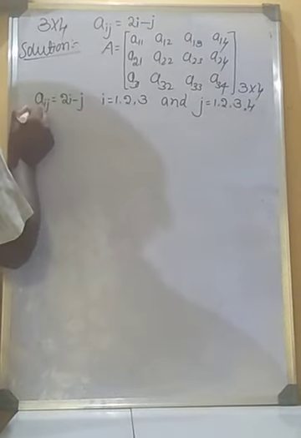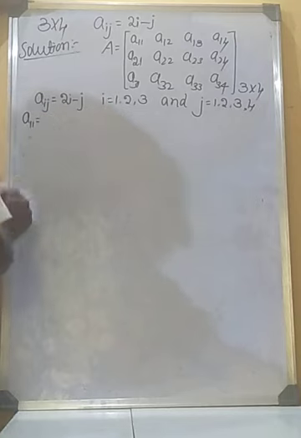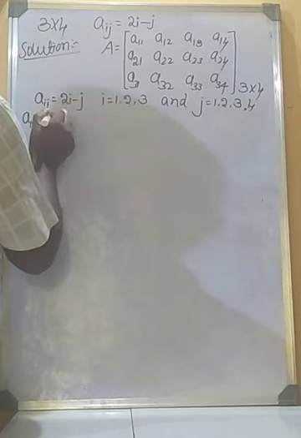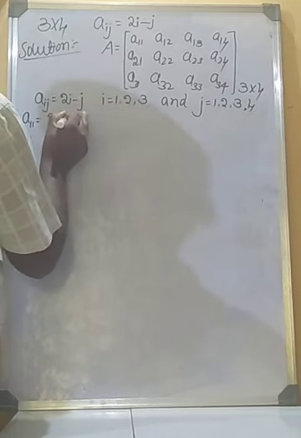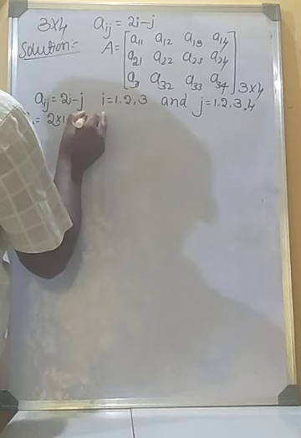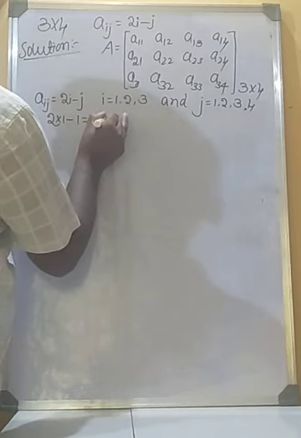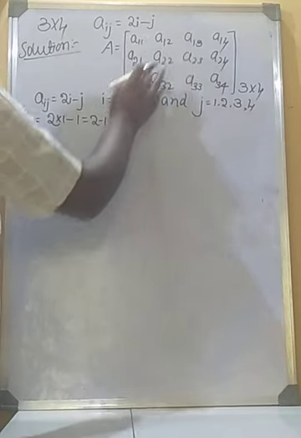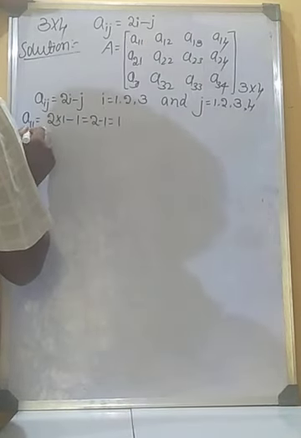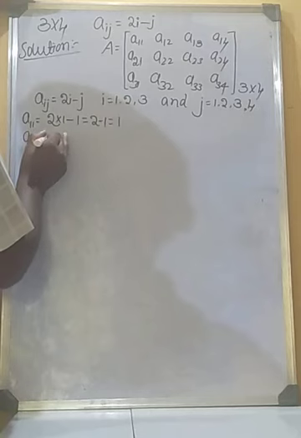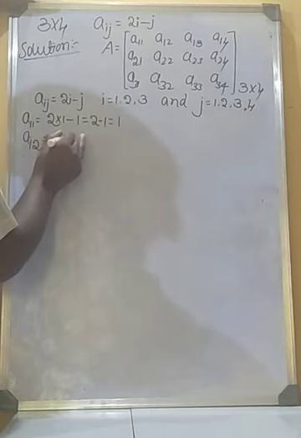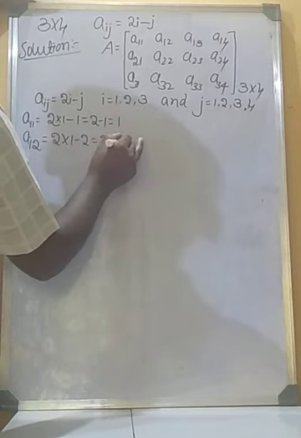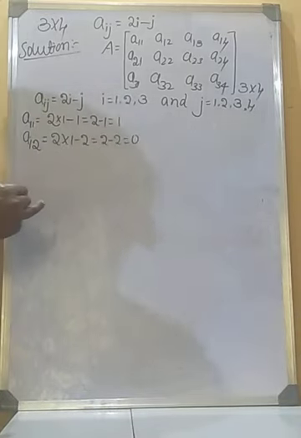So now first find A11. A11: 2 into i, which is 1, minus j, also 1, is equal to 2 minus 1 is equal to 1. First element becomes 1. The next, A12 is equal to 2 into 1 minus 2, is equal to 2 minus 2 is equal to 0.